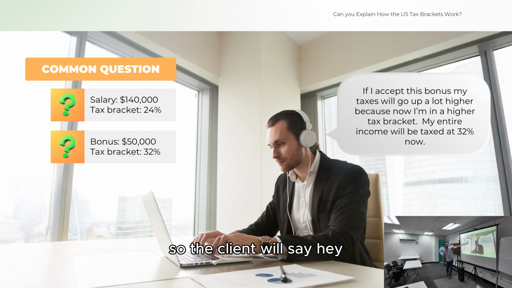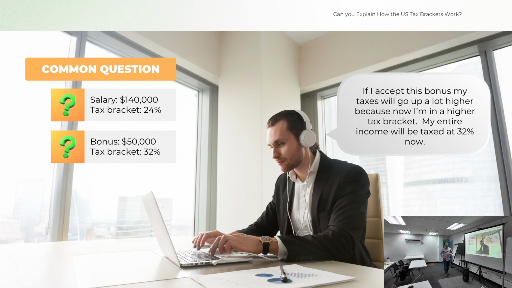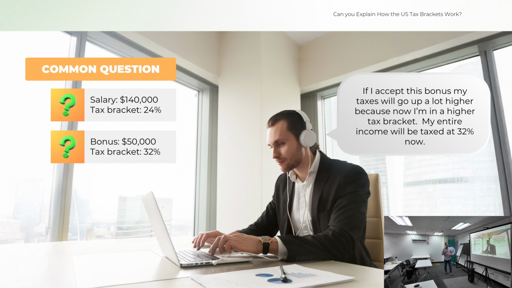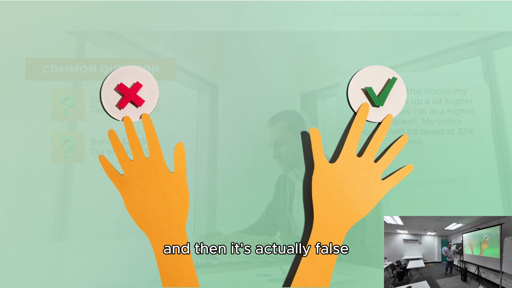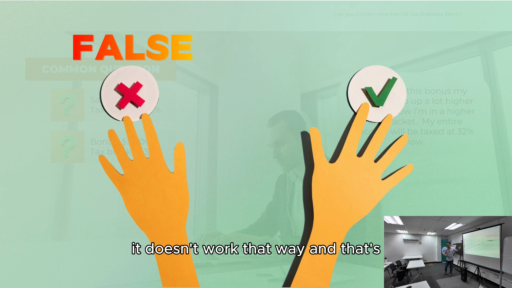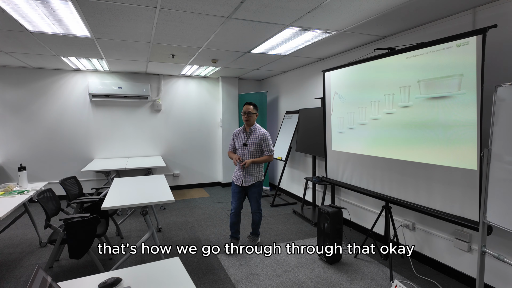So the client will say, hey, if I accept this bonus, my taxes will go up a lot because now I'm in a higher tax bracket, and my entire income will be taxed at 32%. That's actually false. It doesn't work that way, and that's how we go through that, okay?